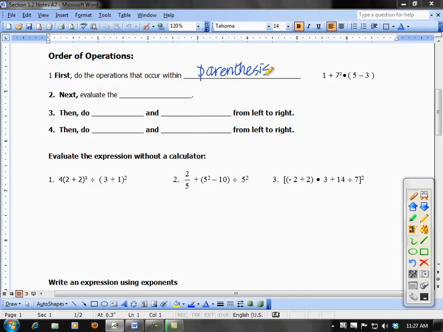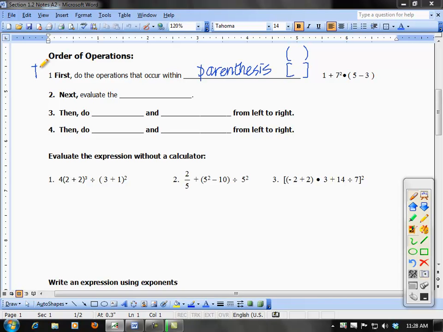Here's the only problem. I want you to not just think of parentheses, but we call them grouping symbols in Algebra 2. And the reason is it won't always be parentheses. Maybe it will be brackets or something else. And so I want you to keep that in mind. Anything that groups them is what you do first.